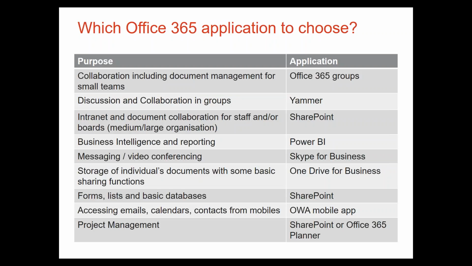Whereas if you're, again, a large organization and you want more of an intranet style platform with document collaboration, maybe for your boards and your staff, then a SharePoint intranet is probably suitable for you. Business intelligence, you would look at Power BI to create those dashboards and that reporting for, again, your management, your staff. Obviously Skype for Business is suitable for instant messaging, video conferencing, and point of presence, so you can see where everyone is across the organisation.